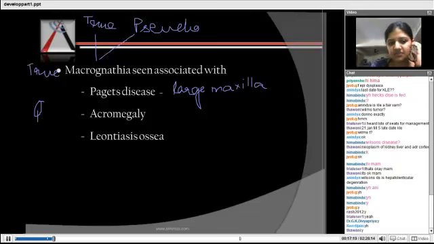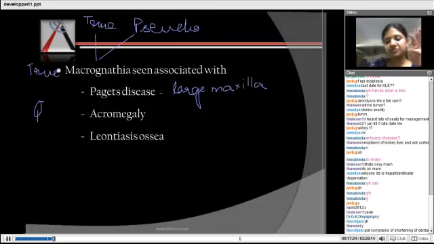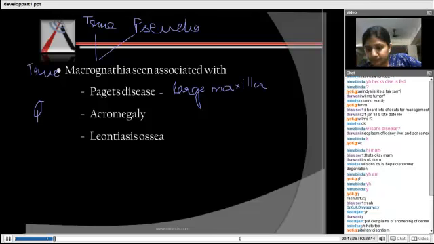So these are the 3 conditions where you will find true macrognathia: Paget's disease, acromegaly, and leontiasis ossea. Older patients of Paget's disease will keep coming back to the dentist complaining of dentures becoming tight. That's an indication of the maxilla getting larger in size. Acromegaly is gigantism, so that's where you have a large jaw again.